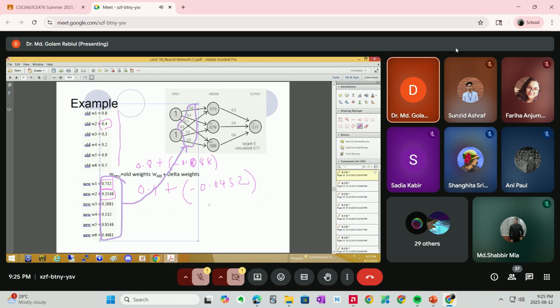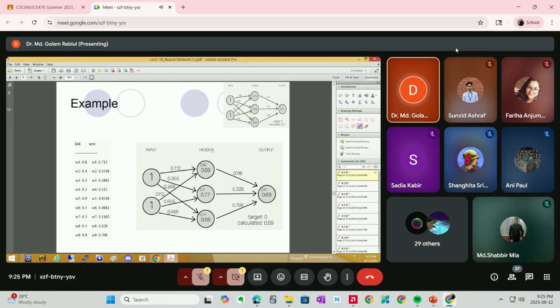So this is the completion of the first iteration: forward propagation and backward propagation. Utilizing backward propagation, we have updated or adjusted the weights so that the error will be minimized. Now we can start our second iteration, and again it will start from forward propagation.